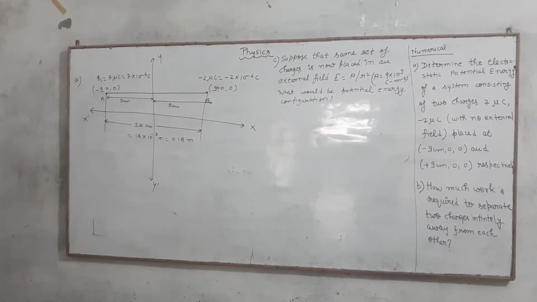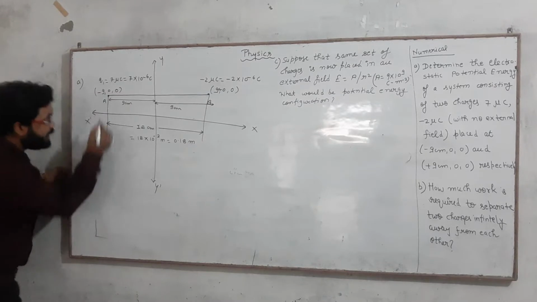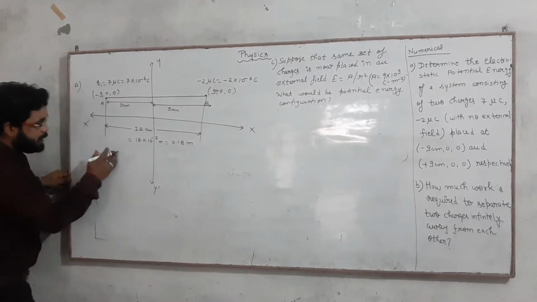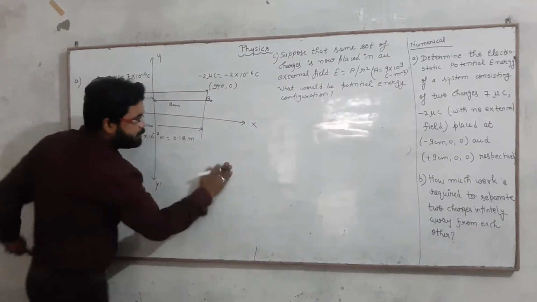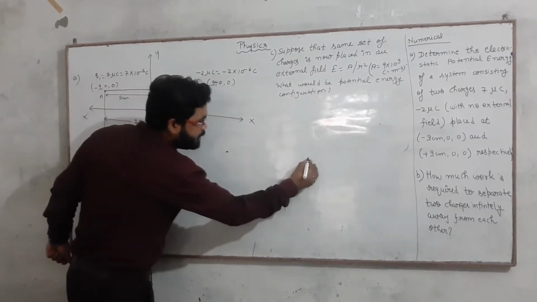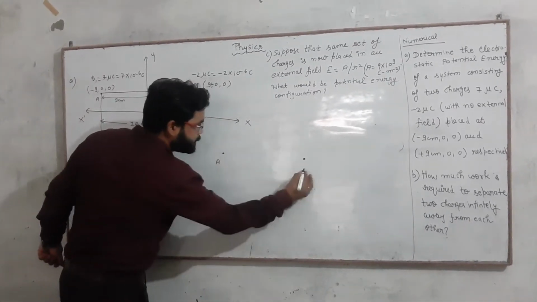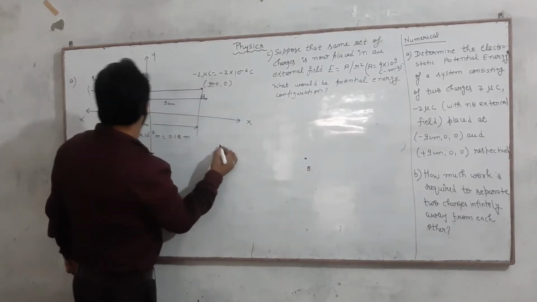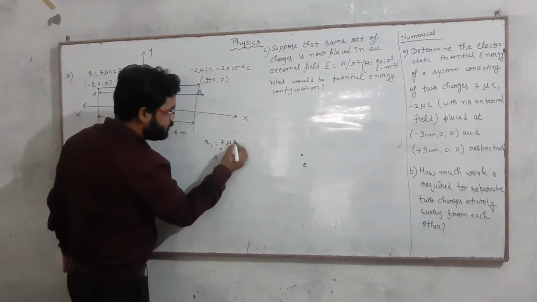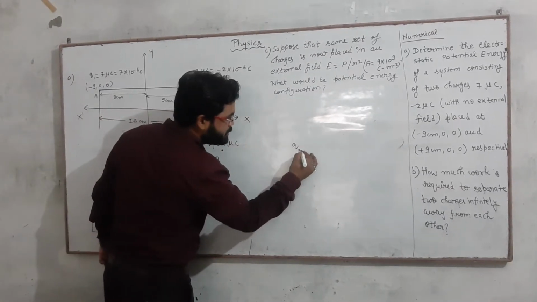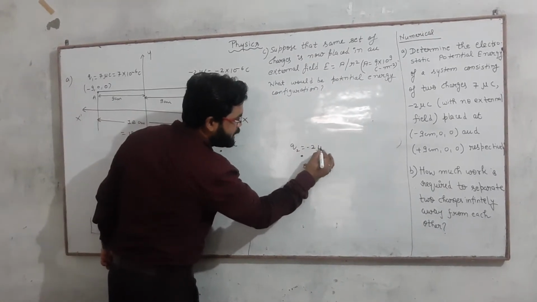Fine. Now, if we make the diagram separately, here this is A, this is B, and the charge is Q1. Q1 is 7 microcoulomb and Q2 is minus 2 microcoulomb.